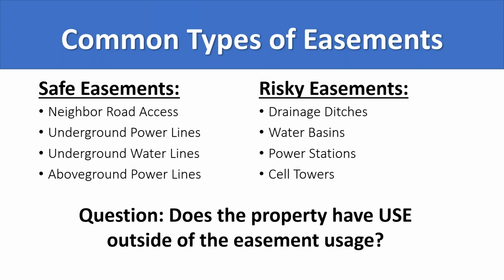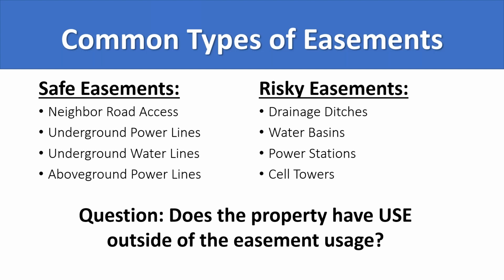Some properties, as a result of where they're at, are really nothing but easements. With drainage or something like that, you can't do anything with that. The same is true of cell towers, power stations, utility stations, anything like that, which is going to take away any real use from the property.